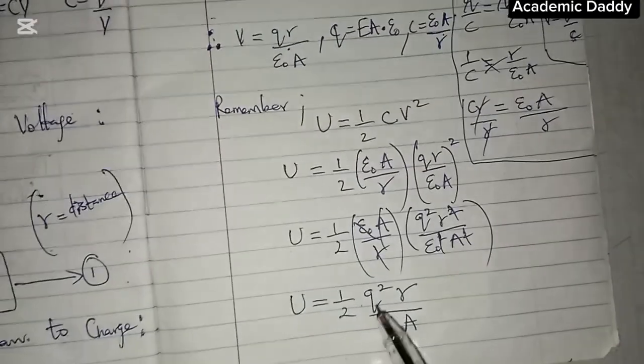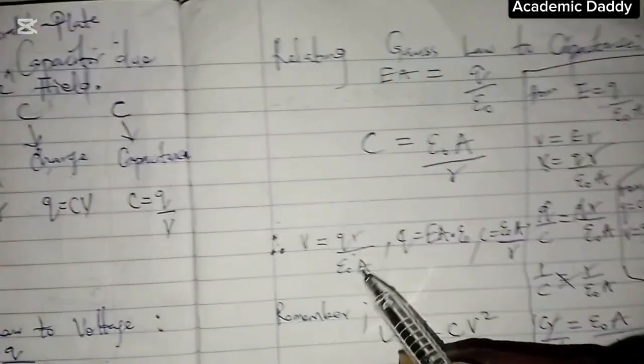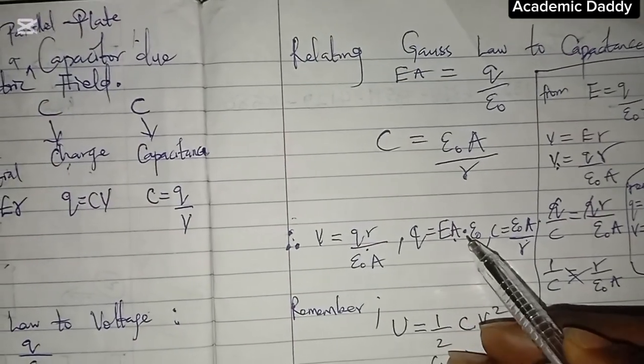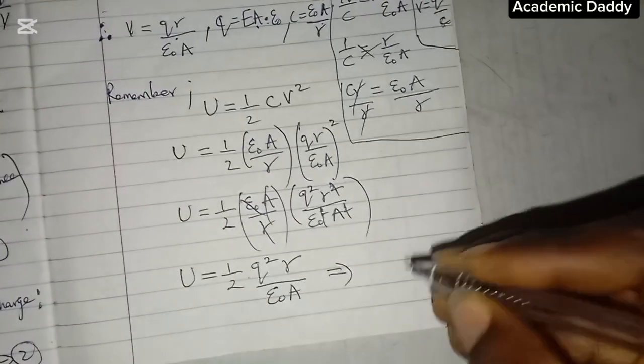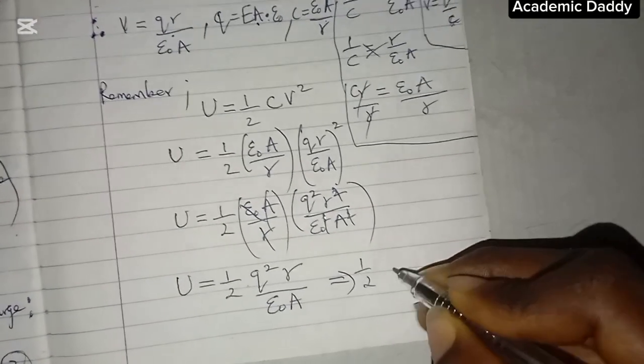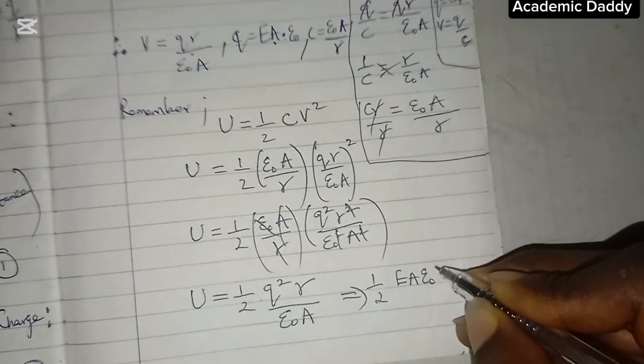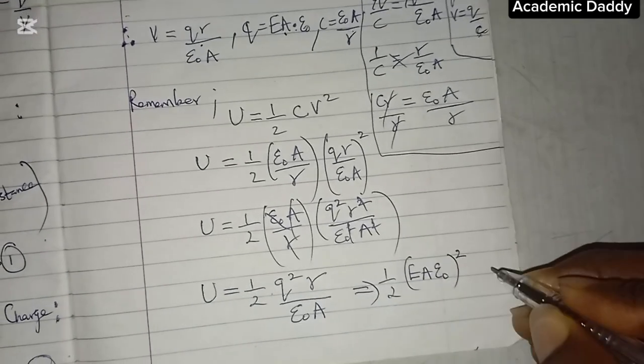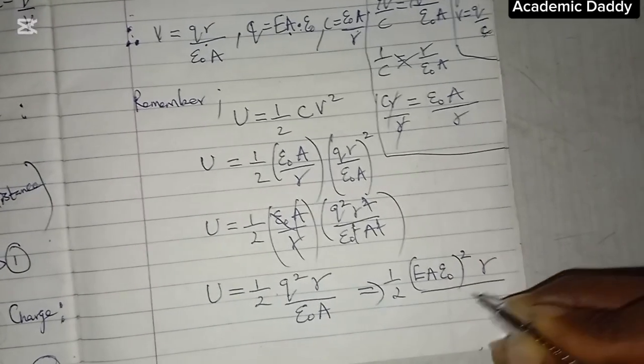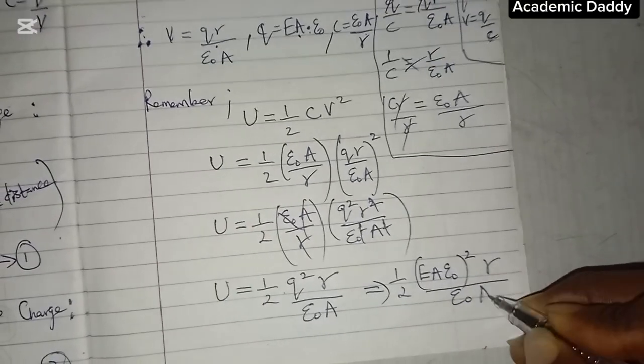So now that we've gotten this, we have Q. Notice that Q here is equal to EAε₀. So this will be the same thing as saying half (EAε₀) all squared, then R all over ε₀A.